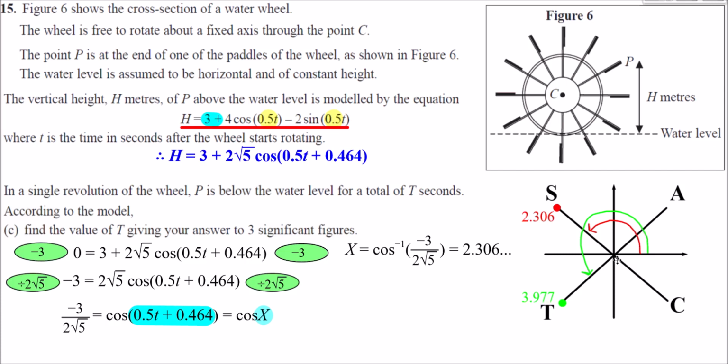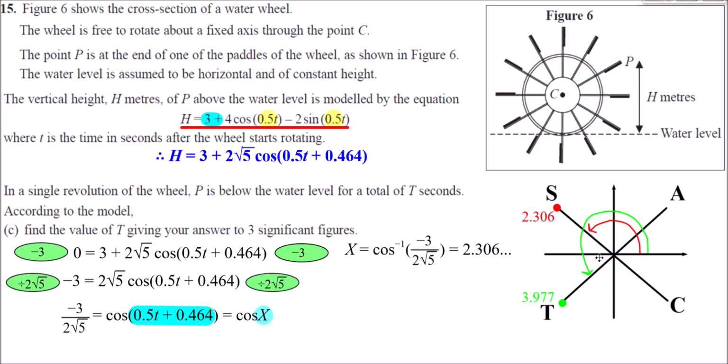Essentially, time only makes sense if we go the positive way round. And so this angle here, the positive way round, is 2.306. By symmetry, if I went the other way round, the size of this angle here, from the positive x-axis down through to T, would also be 2.306.